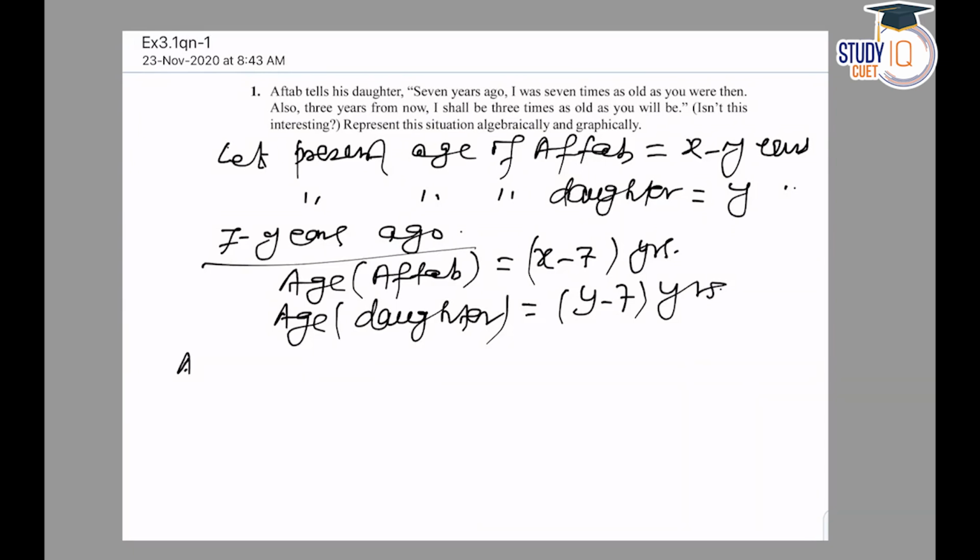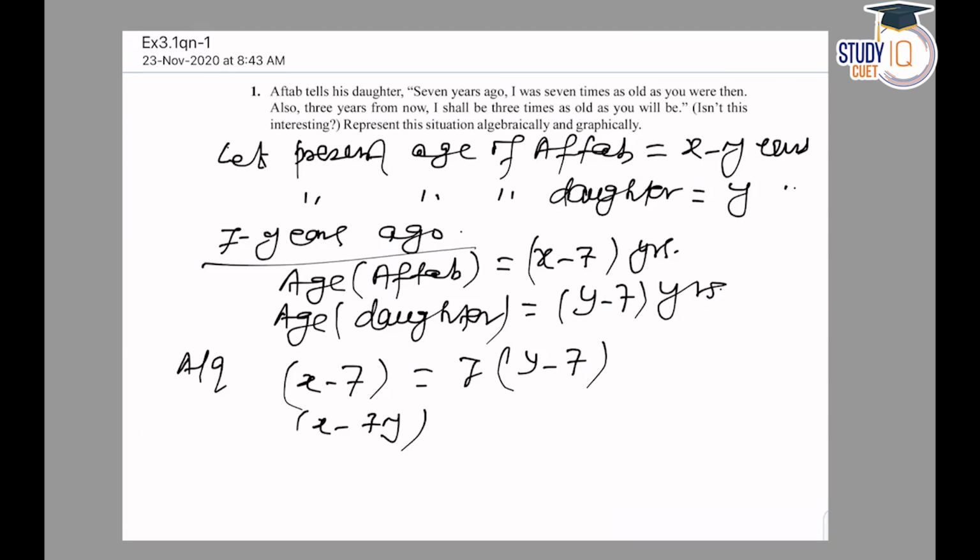So according to the question, x minus 7 equals 7 times (y minus 7). So here we get x minus 7y equals minus 42.